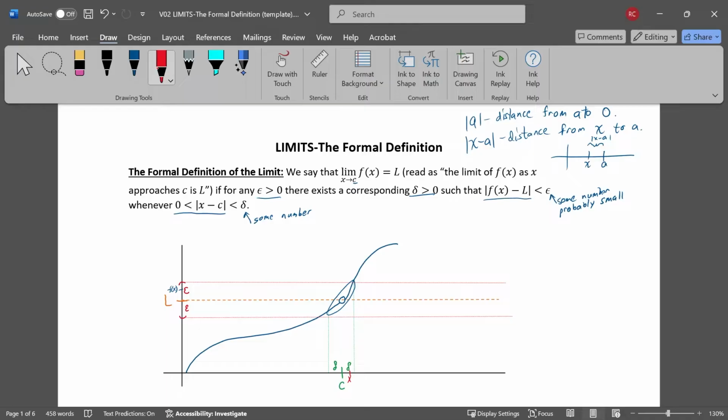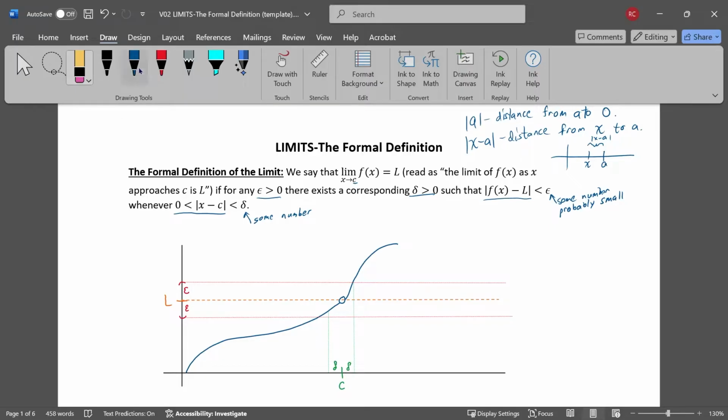So the key here to this definition is that it says that this is true for any epsilon, meaning that I can make epsilon smaller and smaller and smaller, and I will still be able to find a delta. I will still be able to find a distance from c that's good enough.